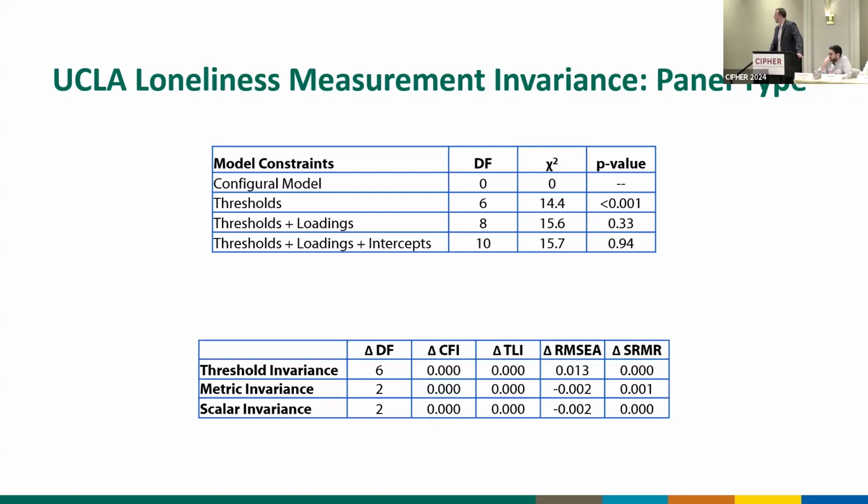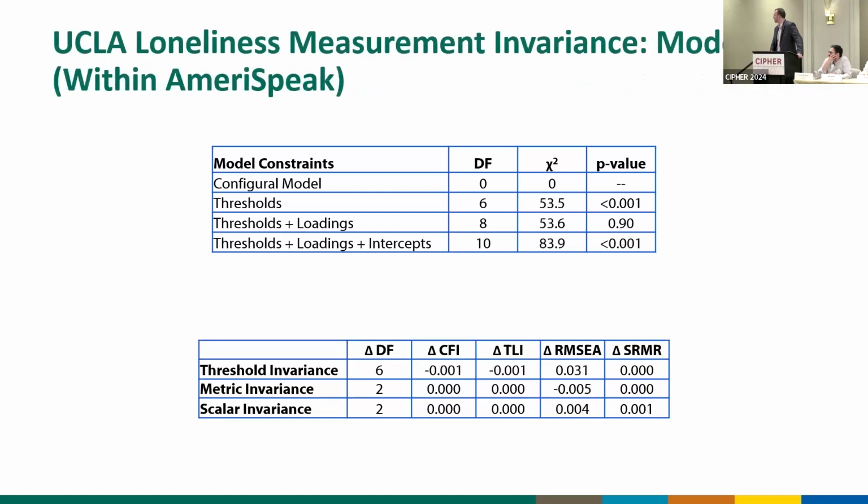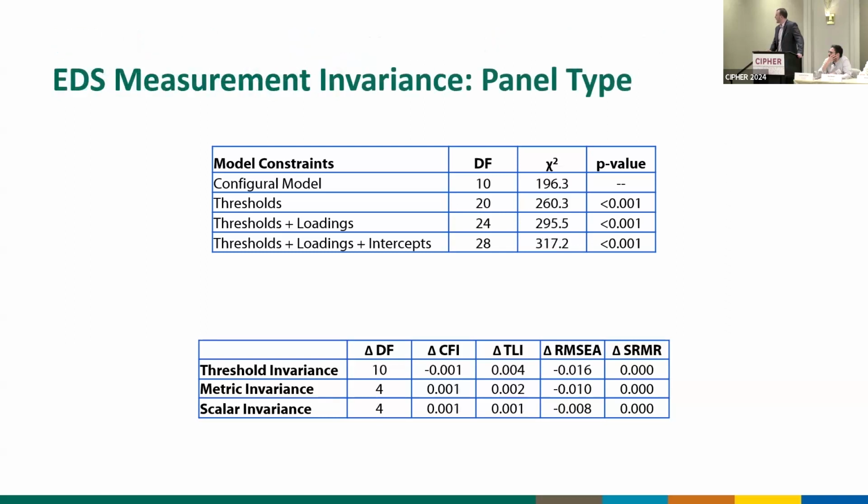For UCLA Loneliness, so here's panel type, we don't have metric invariance, nor for mode within AmeriSpeak, which is a little surprising for us. And then here is the Everyday Discrimination Scale, and we see the same thing, where we don't find invariance across the panel types.